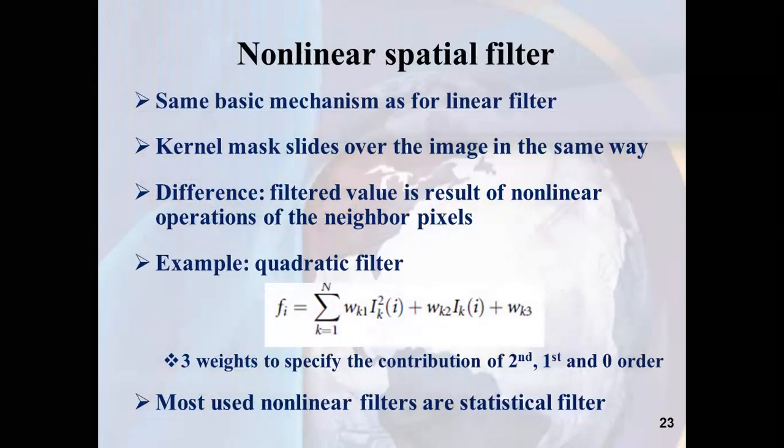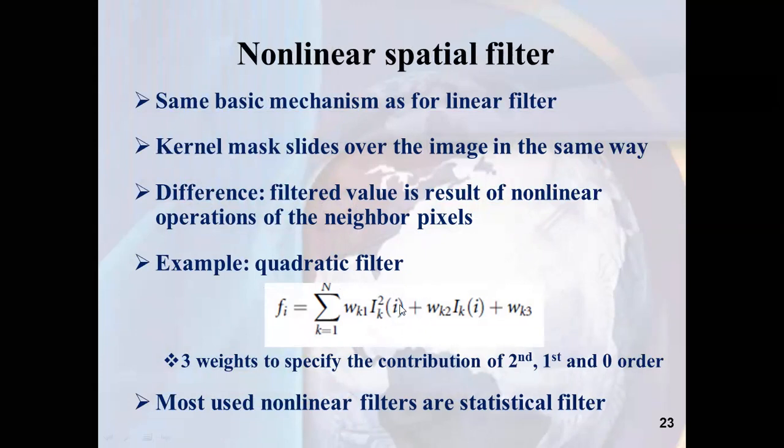The nonlinear spatial filter. It's the same basic filter, where the kernel mask slides over the image in the same way, with the same mechanism of sliding horizontally and vertically. What is different is that the formula is nonlinear. For example, I take a quadratic formula.